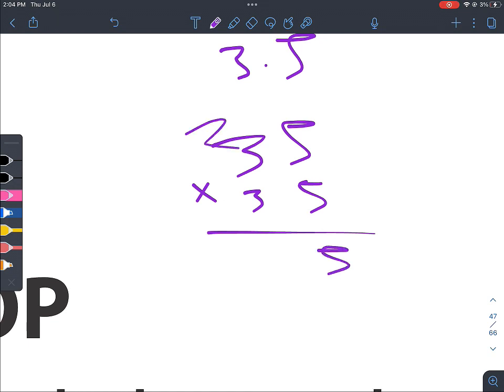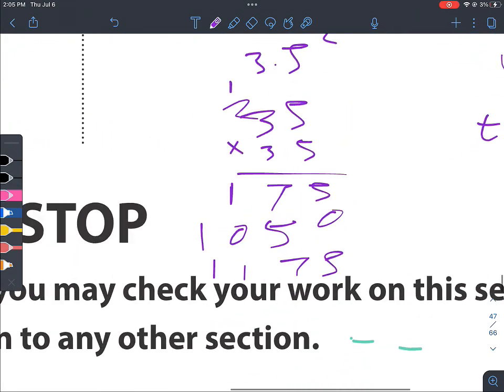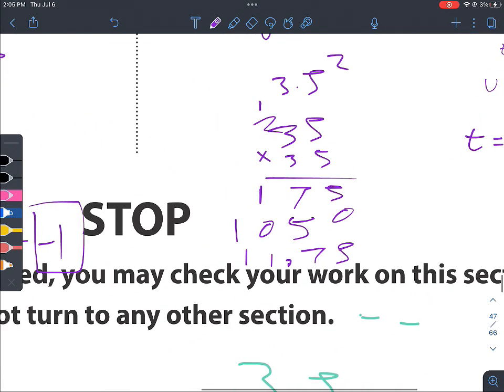Okay. 15. I feel like this is the wrong math, but I have to check first. 75, and then would that just be 11.75? Let's see if that's the correct way to actually do that. I'm gonna be so impressed.